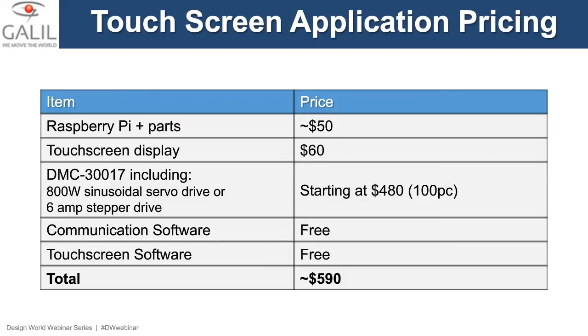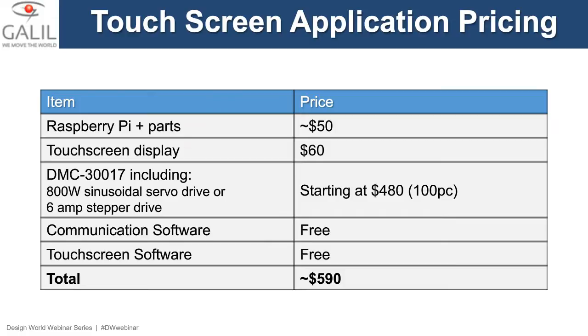You can get a single-axis motion controller with a built-in amplifier. Software is going to be all free. You're going to develop that. Compare this against some of these $600 touchscreen laptops that are currently on the market. For that kind of pricing, you're now down the road of really developing out and having the hardware pieces for putting together an application.